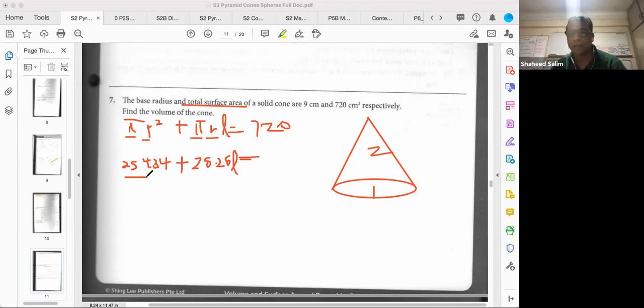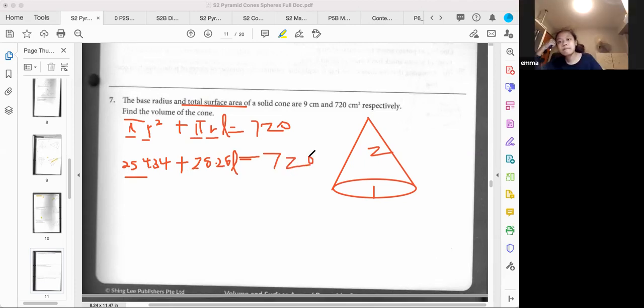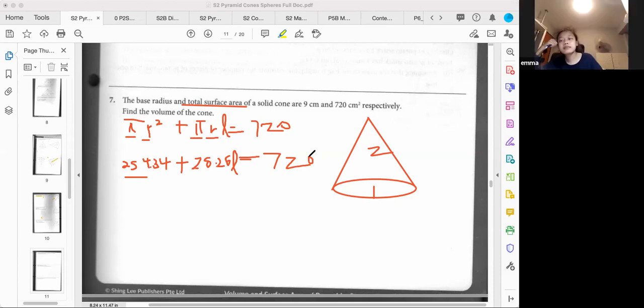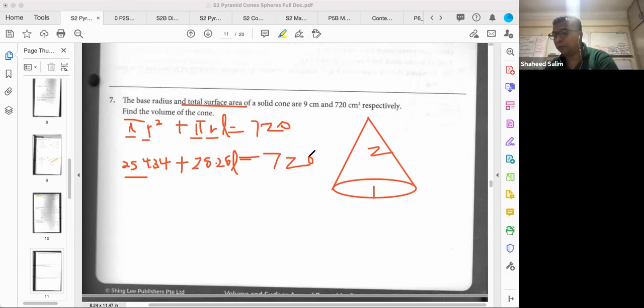Bring this over to the other side, so 720 minus 254.34. What do we have left? I get 465.66.